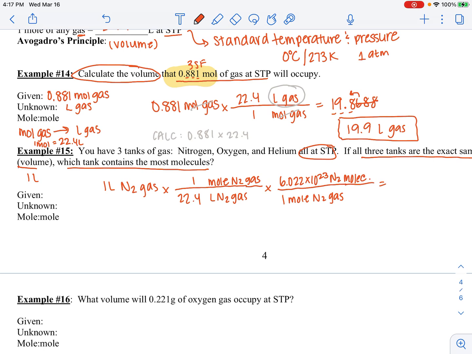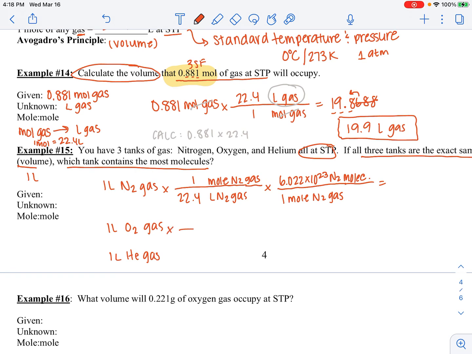Now, we can solve for this, but let's just think about this. If we also have just 1 liter of oxygen gas and 1 liter of helium gas, there was no point here where we dealt with grams, meaning we never had to deal with the molar mass. No matter what these are, we're going to go from liters of gas to moles of gas, and that's 22.4 to 1.